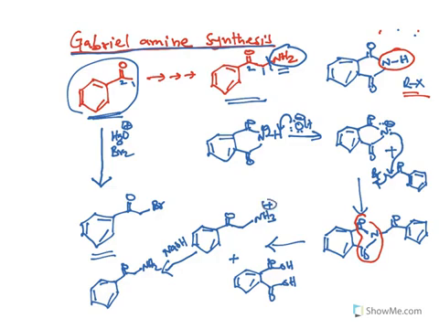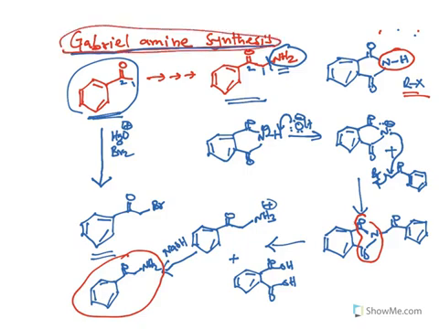NH3 plus. So now we end up with the product that we were interested in, and we have been able to employ the Gabriel amine synthesis and transform our ketone into an amine.